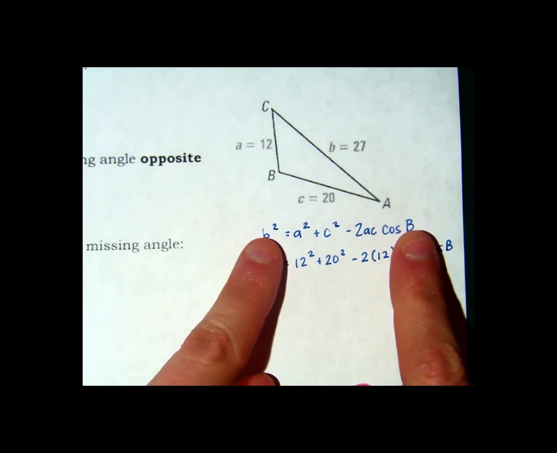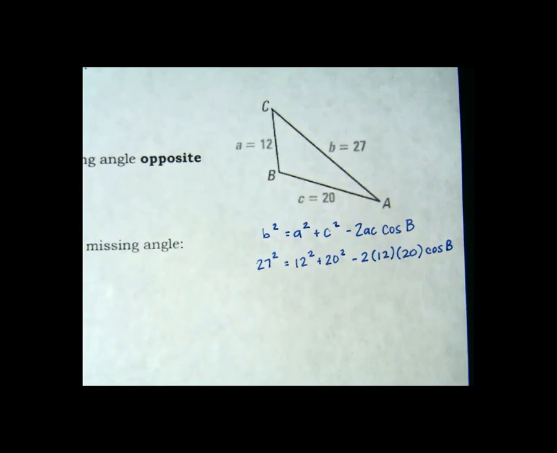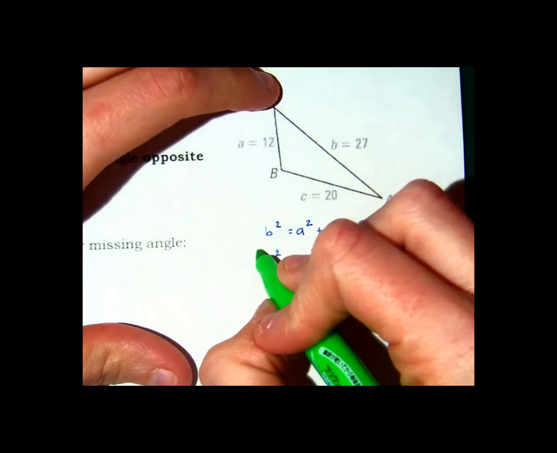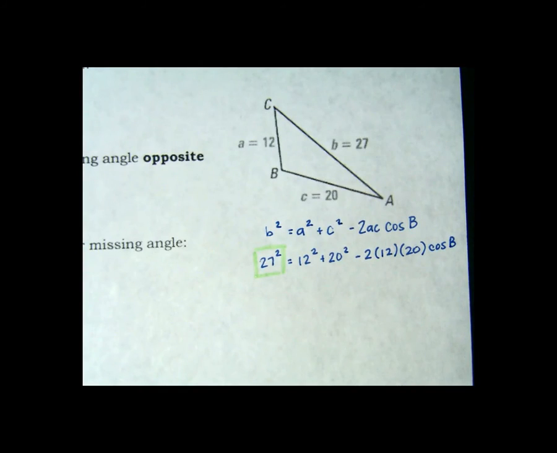Yes, these always match. It would be B and B, A and A, C and C. Alright, I need you to have your highlighters because I need you to understand exactly what you need to plug in your calculator because we're going to have to solve. We need to know what 27 squared is.